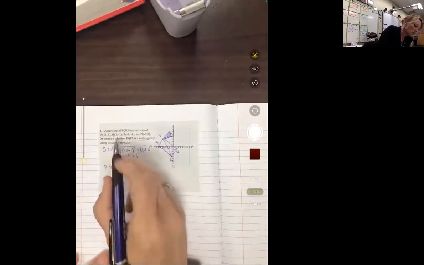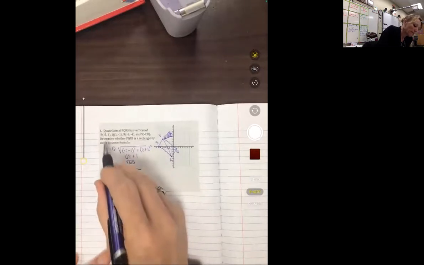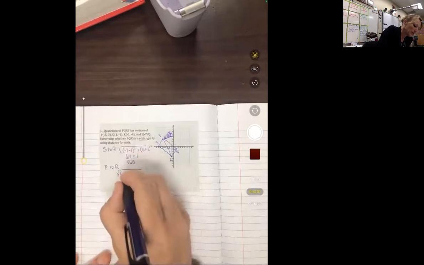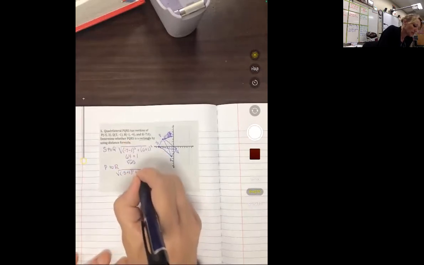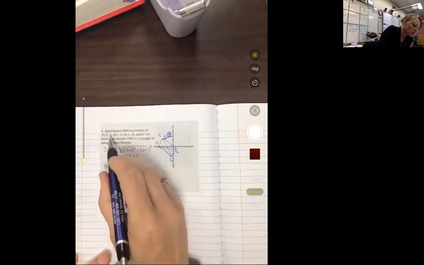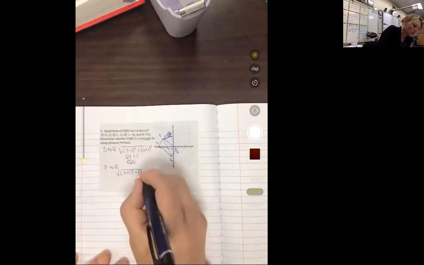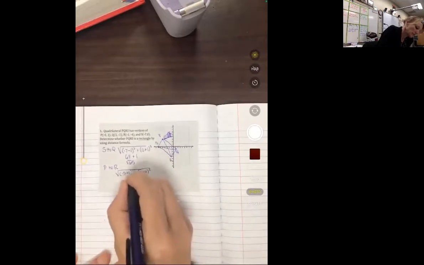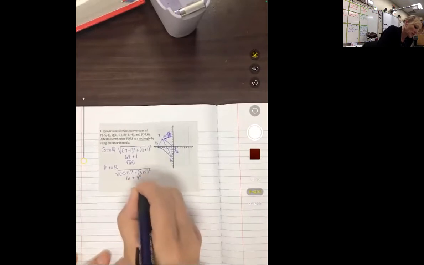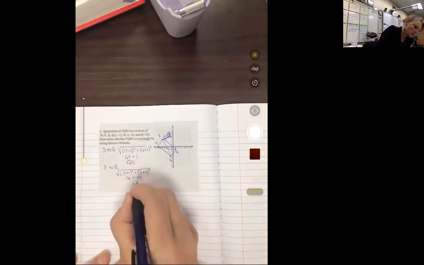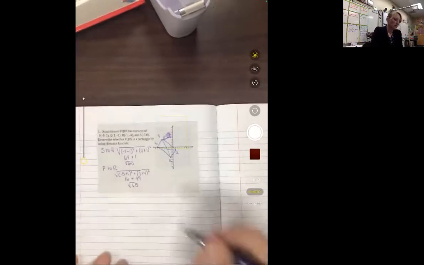So from P to R, we have -5 minus -1 squared plus 3 minus -4 squared. And that gives me 4 squared, which is 16, plus 7 squared, which is 49. And that would be 65, square root of 65.